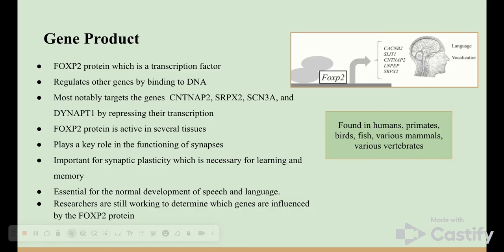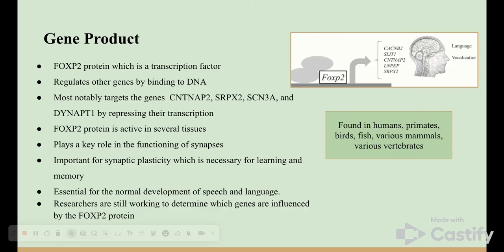It most notably targets the genes CNTNAP2, SRPX2, SCN3A, and DYNAPT1, and it does this by repressing those genes. It often acts as a repressor, but under certain conditions with specific cofactors, it can act as an activator as well. The FOXP2 protein is active in several tissues, including the brain, both before and after birth.